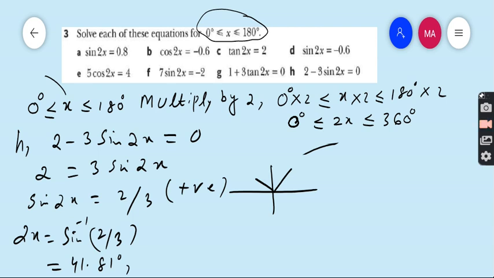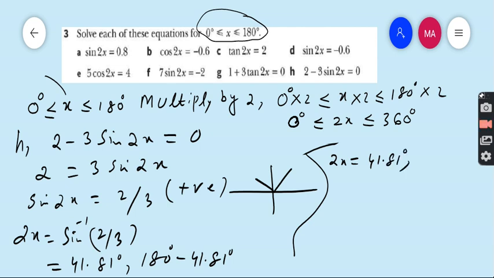Sine is positive in the second quadrant as well, so this value should be subtracted from 180 degrees. 180 minus 41.81 is 138.2.